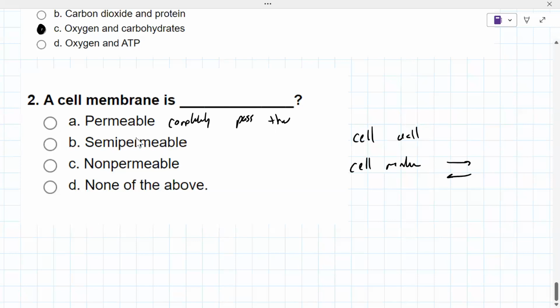It only allows some of the things through. So that's why it is semi-permeable. Right.